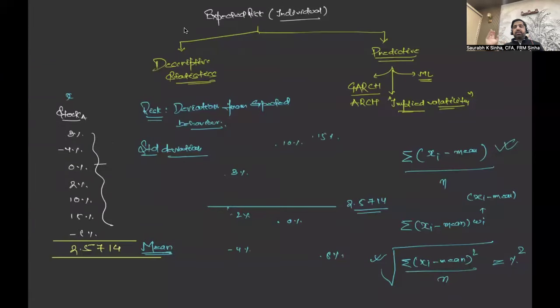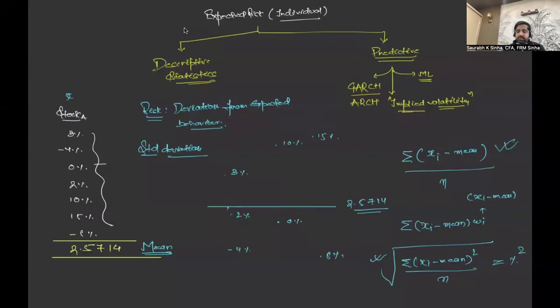For expected risk, you use standard deviation. Let's calculate the standard deviation of this particular stock. What are the steps you need to do? Your BA II Plus calculator is sufficient to tell you how to calculate the standard deviation, but let's do the maths. So calculate the standard deviation for this number.